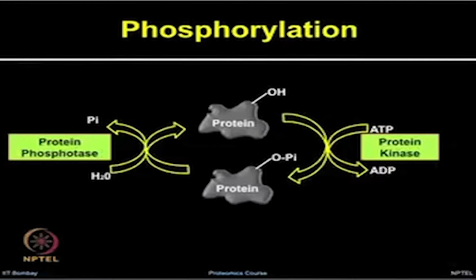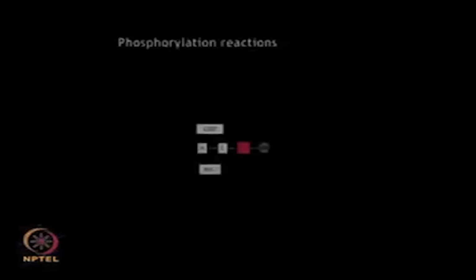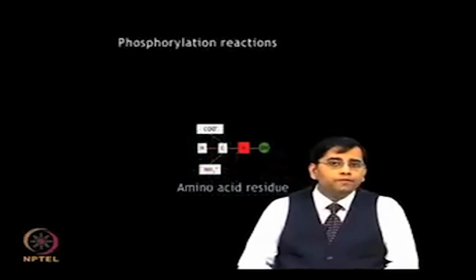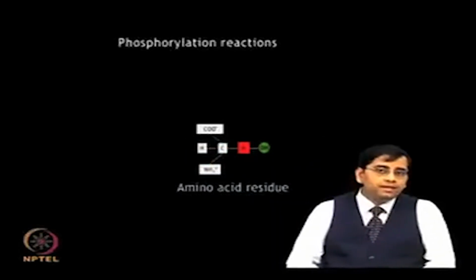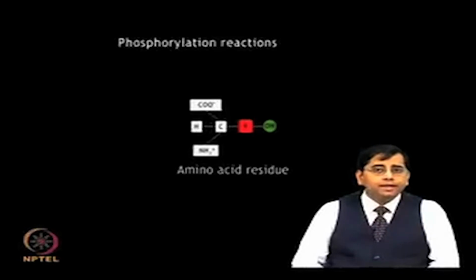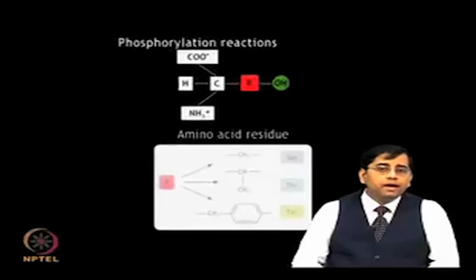The reversible phosphorylation of proteins catalyzed by kinases and phosphatases regulates important cellular functions. Phosphorylation of amino acid residues is carried out by a class of enzymes known as kinases that most commonly modify side chains of amino acids containing a hydroxyl group.